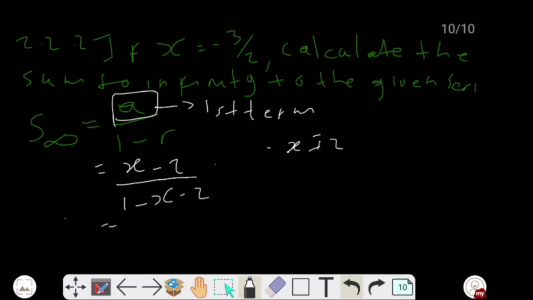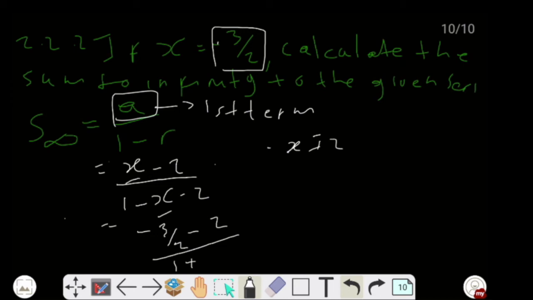Remember they said your x is negative 3 over 2, so you simply substitute negative 3 over 2 where you see your x, right? Let's do that, meaning we are going to have negative 3 over 2 minus 2 all over 1 minus, so it's negative.